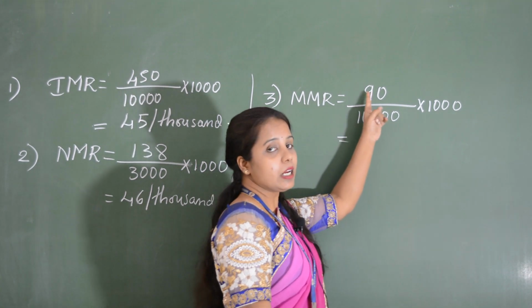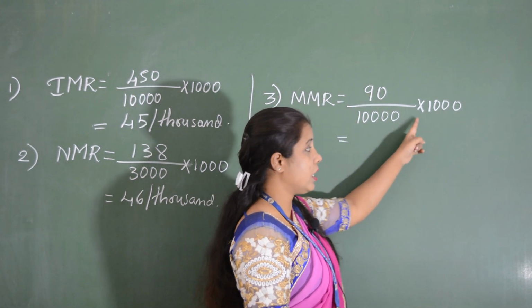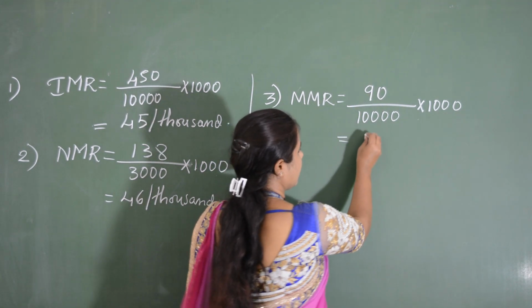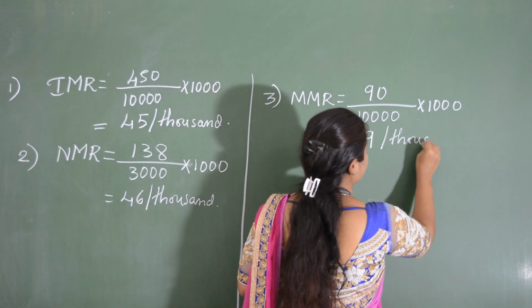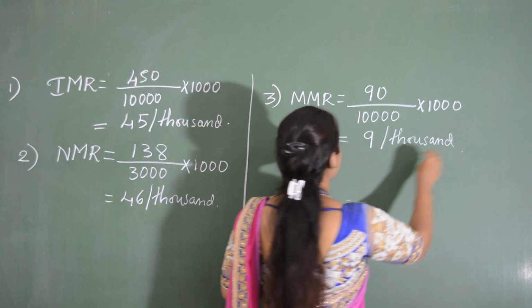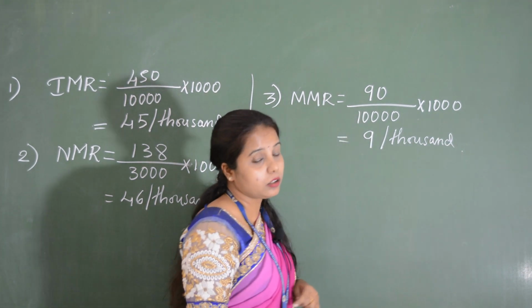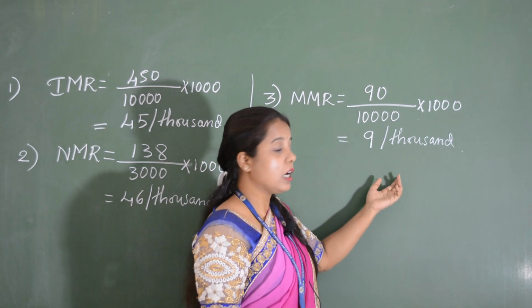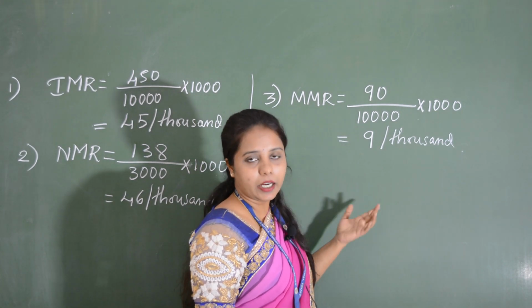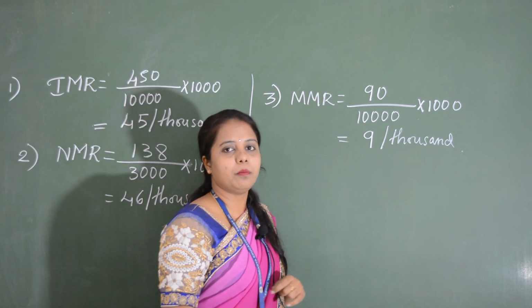So 90 divided by 10,000 into 1,000 is 9 per 1,000. So the value of MMR is 9 per 1,000. That means for every 1,000 live births, 9 mothers will die due to childbirth complications.